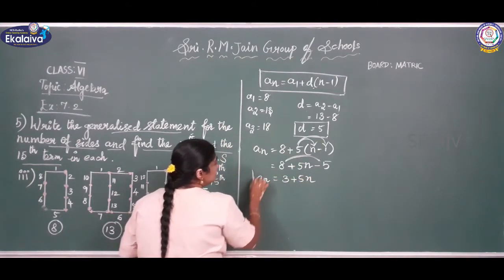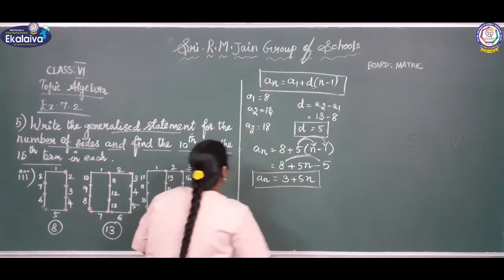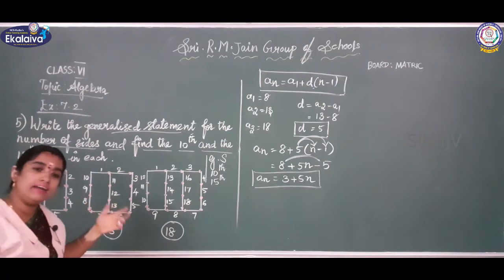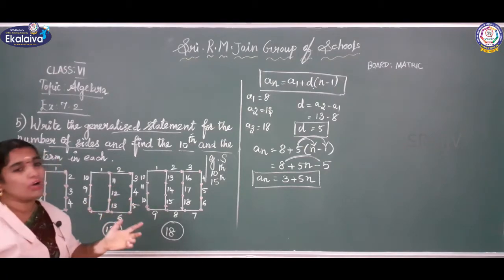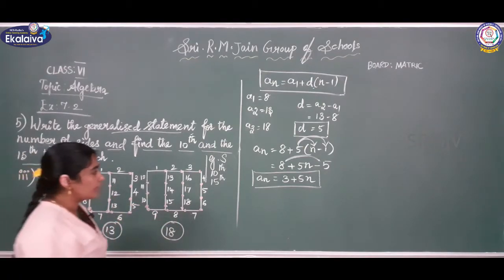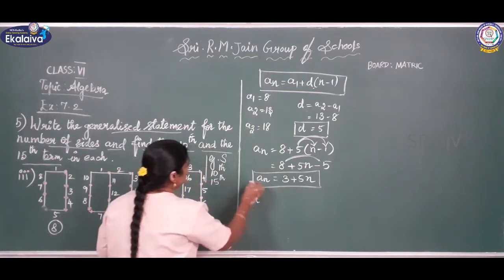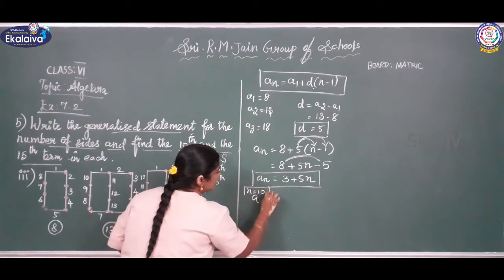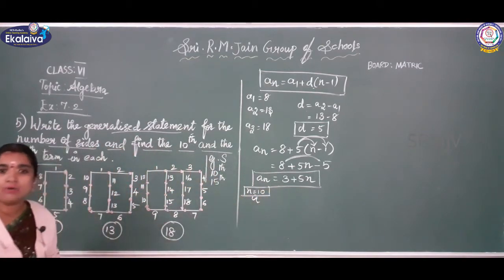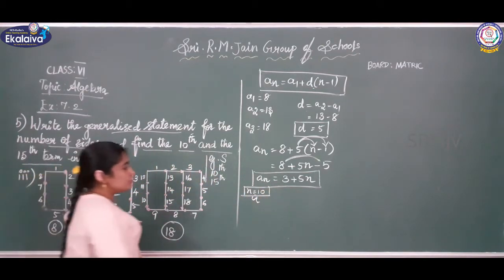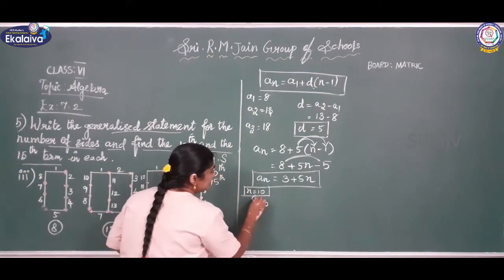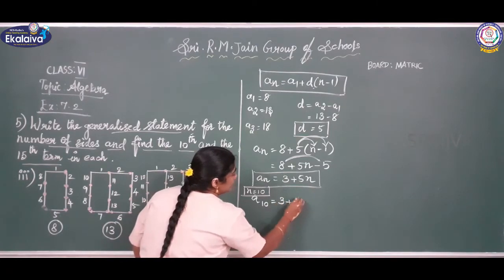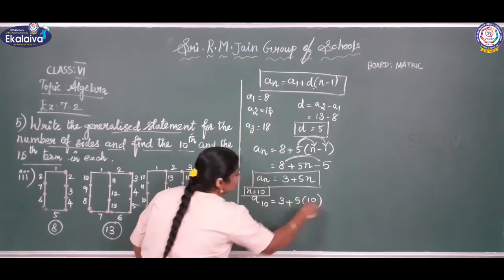From this generalized formula, I can find the 10th term, 15th term, or 100th, 1000th, whatever you want. Here I can substitute 10 instead of n, because I am going to find the 10th term. So a10 is equal to 3 plus 5 into 10.